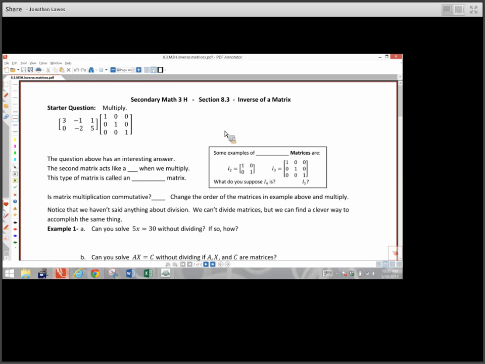Sign associated with this position, negative. The number there is a 1. Cross out the row and the column. Sign associated with the position is positive, but it's 0. Does it matter what the minor is? It doesn't. I'm going to write it down anyway.